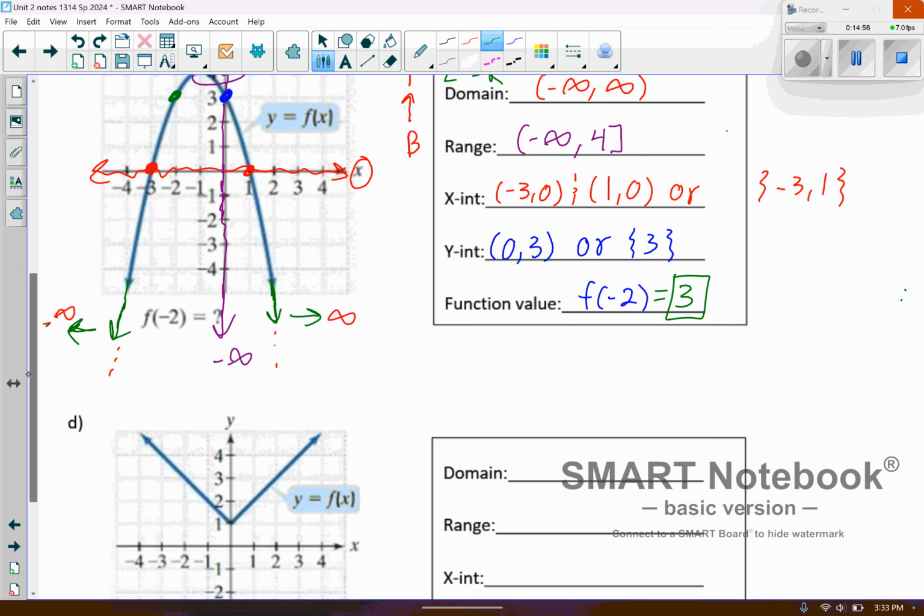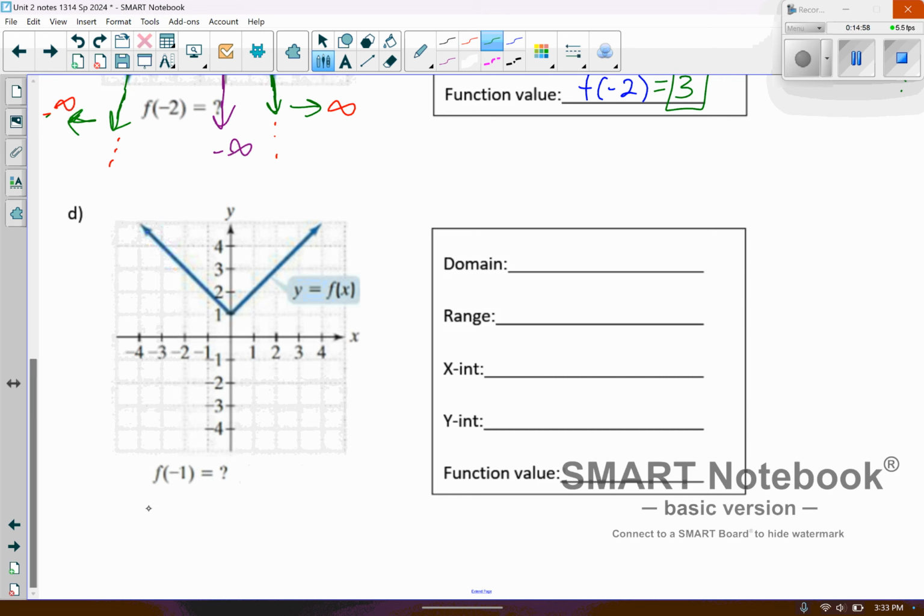All right, moving on. Here's another one. It's actually very similar. It's just this is an absolute value function. The other one was a parabola, but it has the same behavior as far as the domain and range is concerned. The domain goes left and right indefinitely, so that domain is from negative to positive infinity.